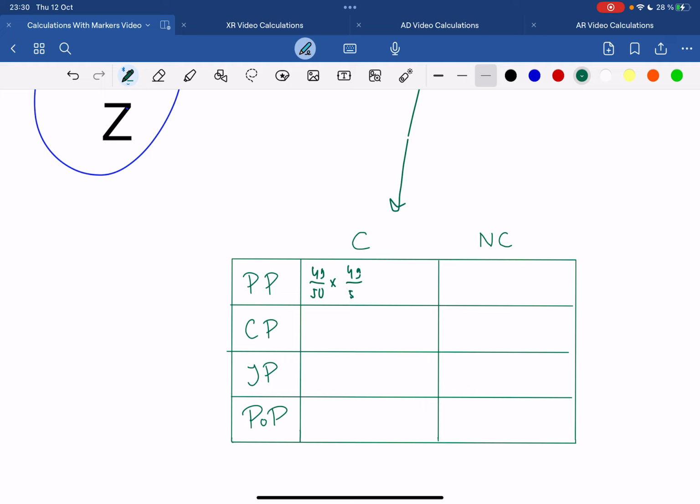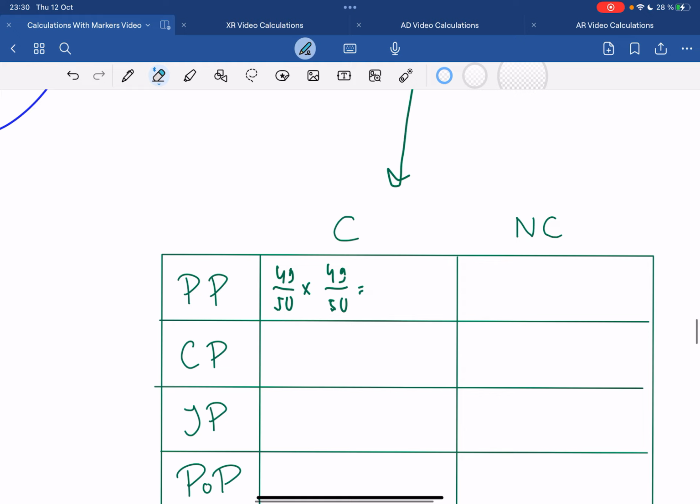And that is equal to, let me just see here, 2,401 over 2,500.